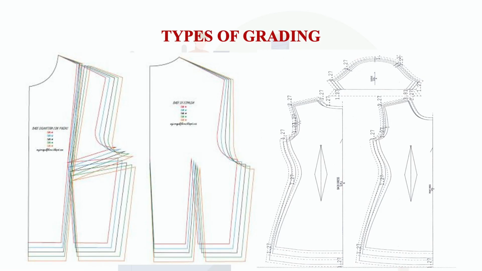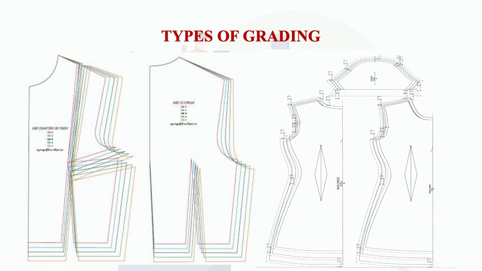In this picture you can see the concept of grading. In the first picture we have a pattern of standard size and a pattern of size 30, and then we want to increase the size.